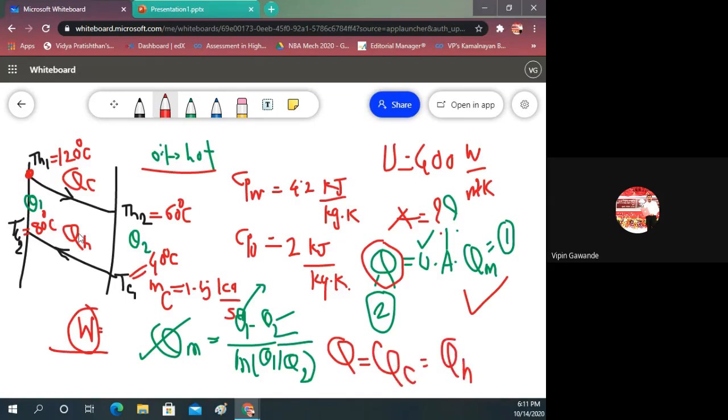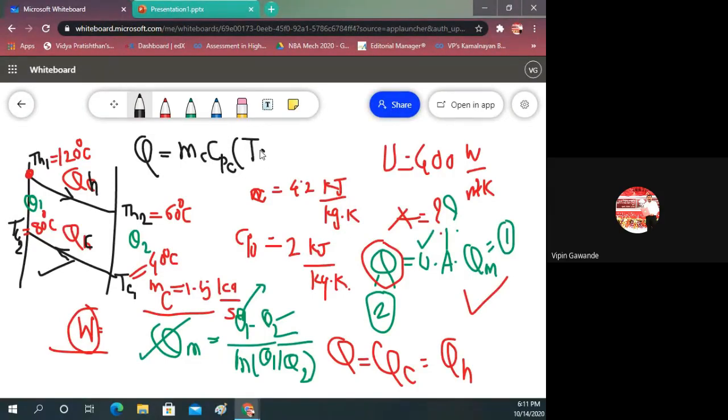If you want to calculate the value of Q from QC, you take M C CP C for cold water, and delta T. Those who want to calculate using the cold fluid, use this temperature difference: Q is equal to M C CP C times TC2 minus TC1.